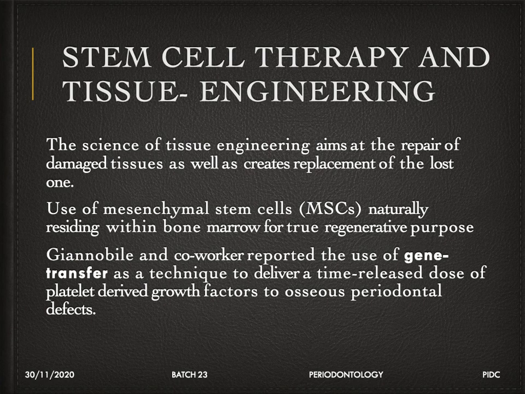So for this MSC to convert into an osteoblast, you need proteins. Those proteins should be available at the required time. That is the difficult part in getting this study done.